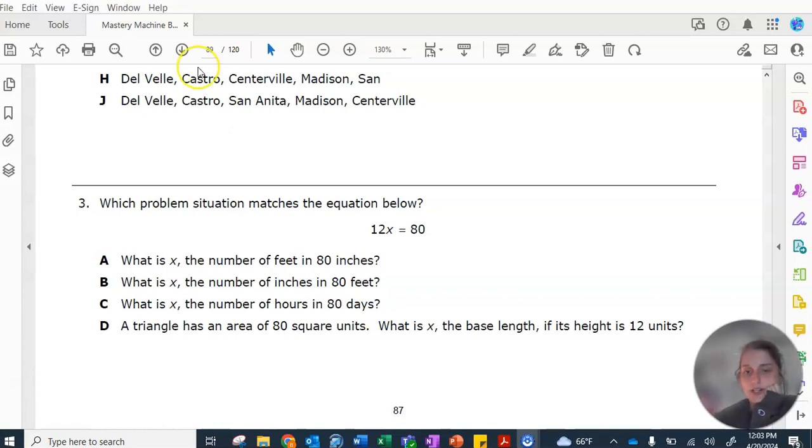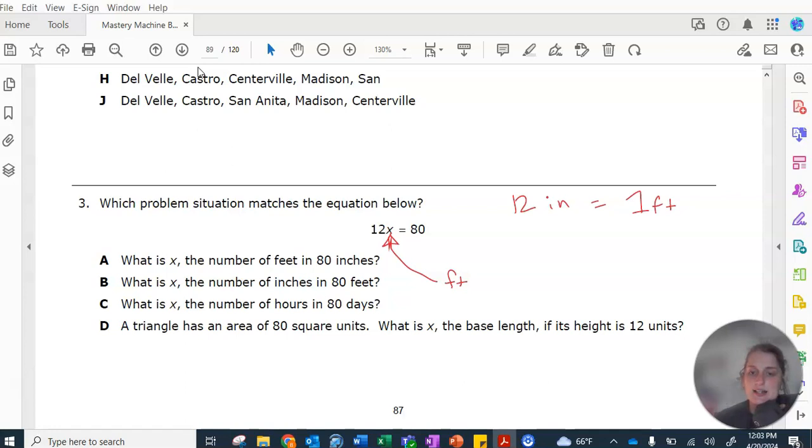Okay, so if you don't already have this one memorized, there are 12 inches in 1 foot. So if I said, oh, I've got 3 feet, then I would do 3 times 12 to get the number of inches that was. So I'm guessing that x is the number of feet in something, because then you multiply it times 12 and you get the answer of however many inches that is.